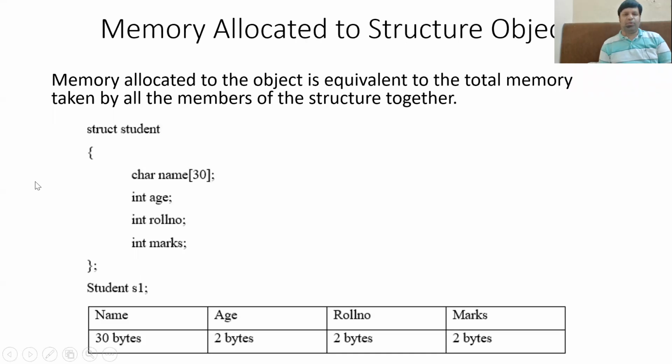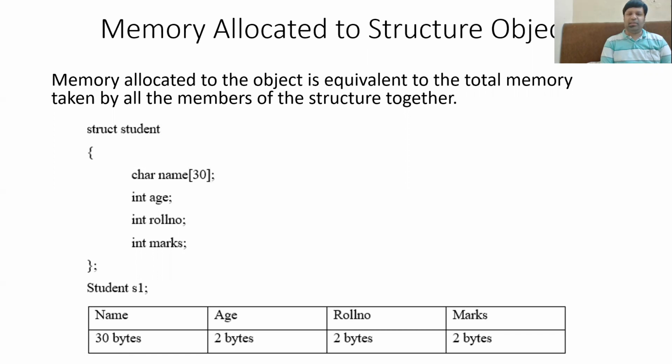Next we move to how much memory is allocated to a structure object. Now obviously when you create a user defined data type and then you create the object of that structure, that object must be allocated memory just like a normal variable. If you look into an integer a, how much memory is allocated to a? 2 bytes. Float f, 4 bytes.